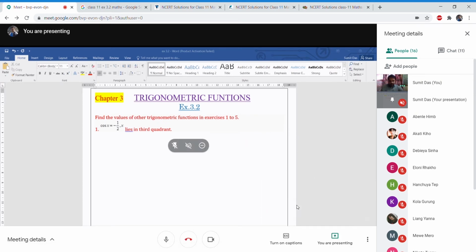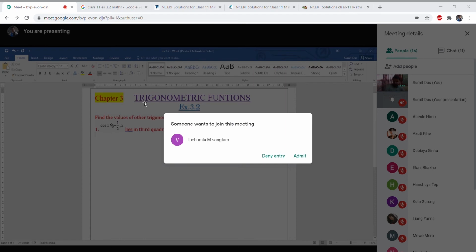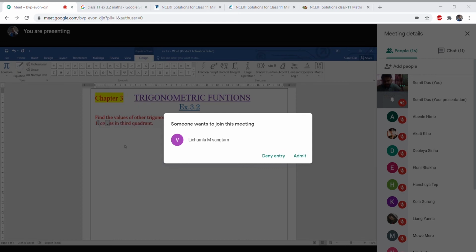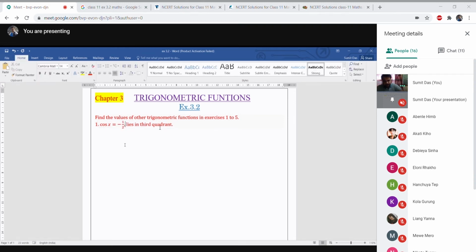Okay, fine. So the question is saying that cos x equals minus 1 by 2, and x lies in the third quadrant.